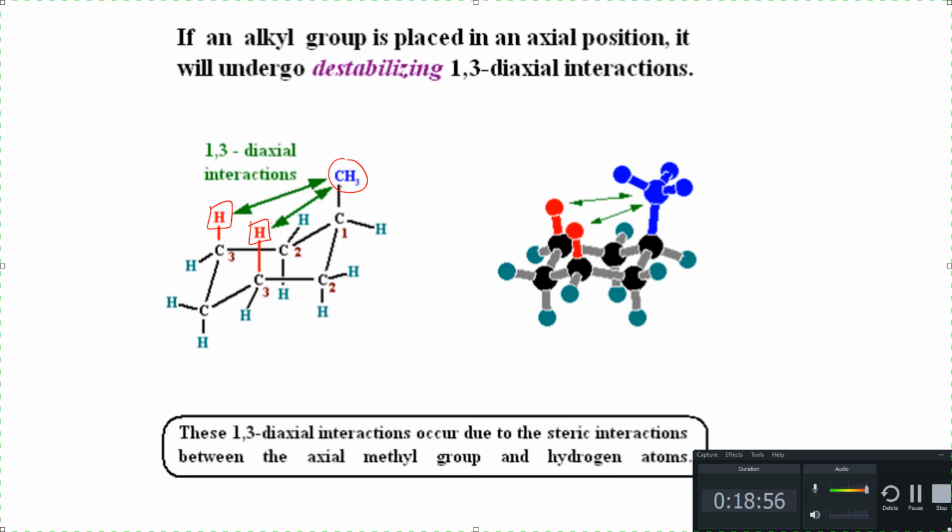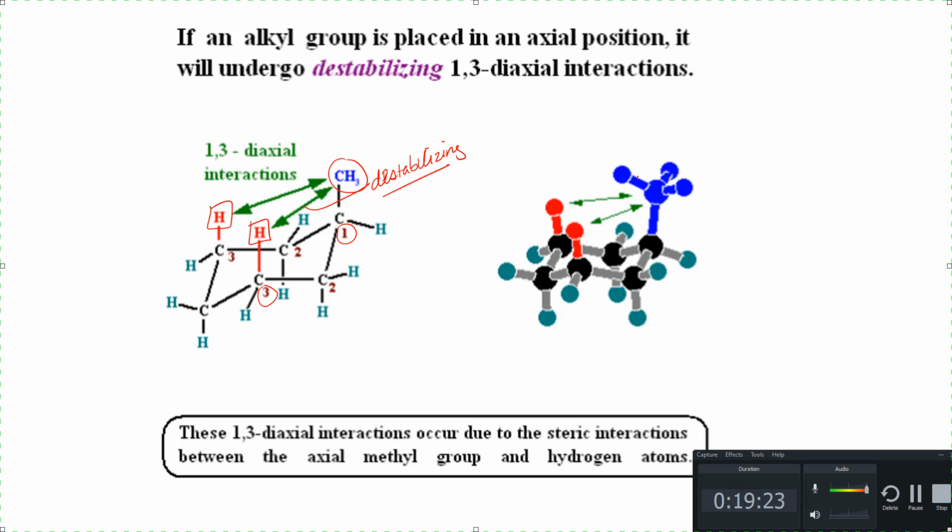And they are at the relative positions of 1 and 3. So these are called 1,3 diaxial interactions. And they are the destabilizing interactions in cyclohexanes that we are going to use to judge their energy.